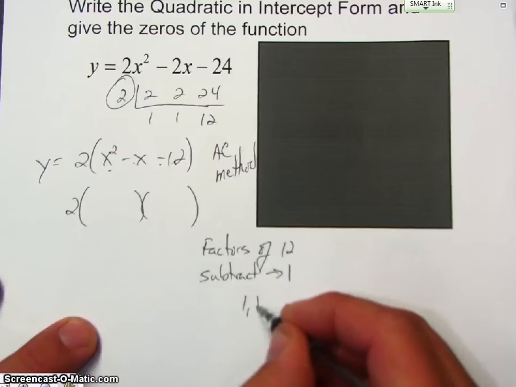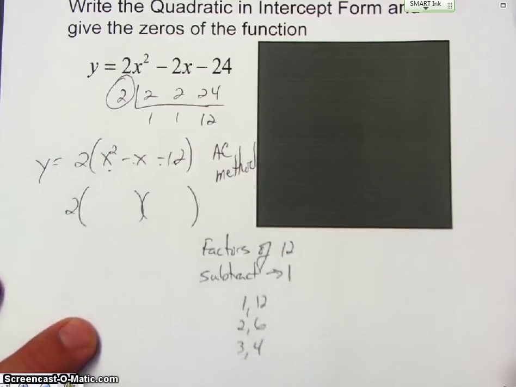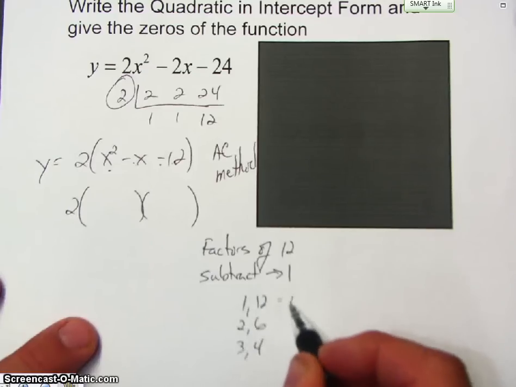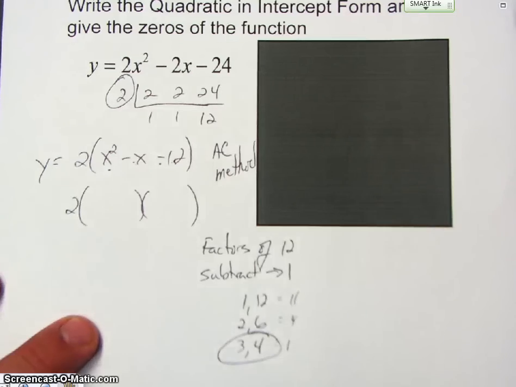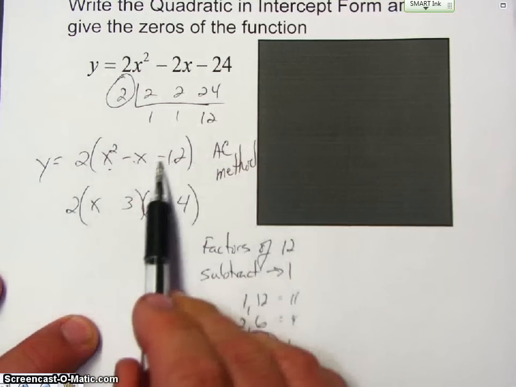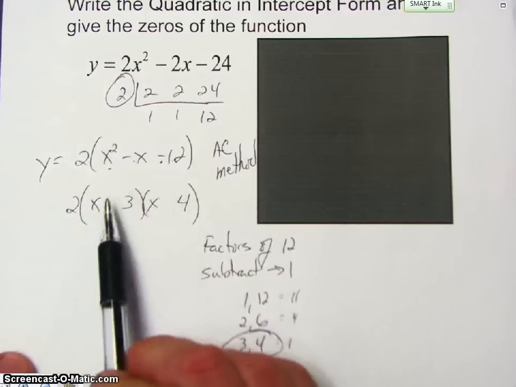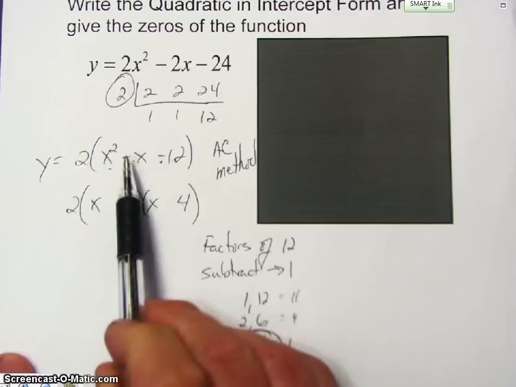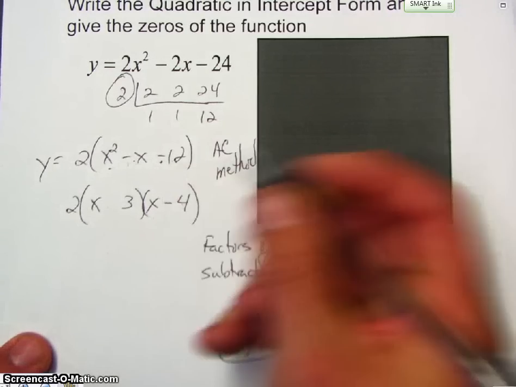The factors are 1 and 12, 2 and 6, 3 and 4. If I subtract, I get 11, 4, and 1. So those are the factors I want: x and x, 3 and 4. Now I'm subtracting, so one of these has to be positive and the other negative. This tells me that the larger number has to be the negative.